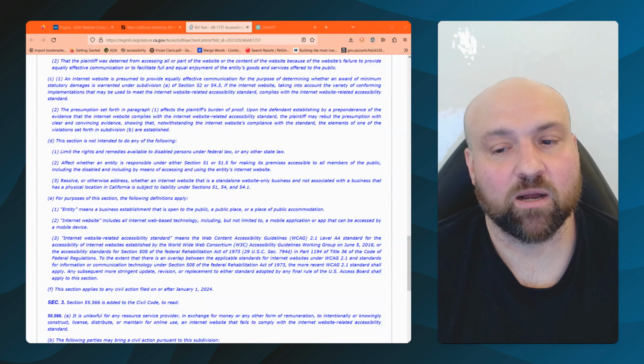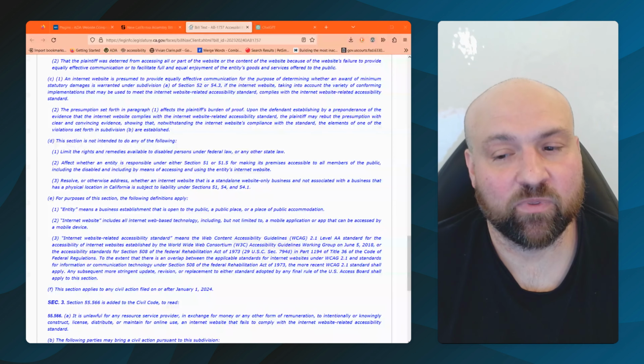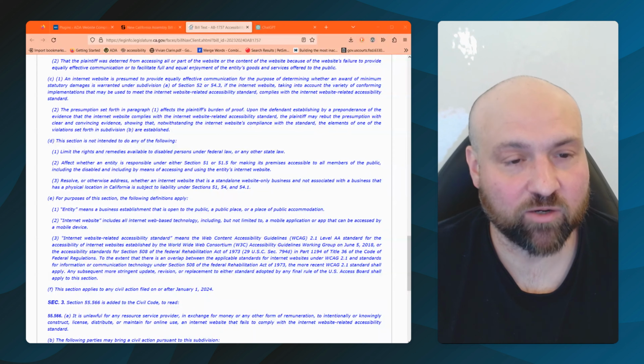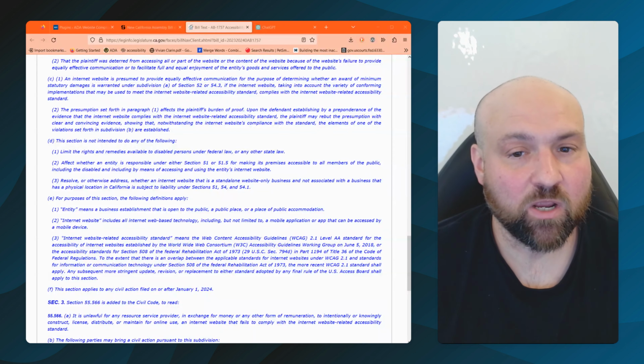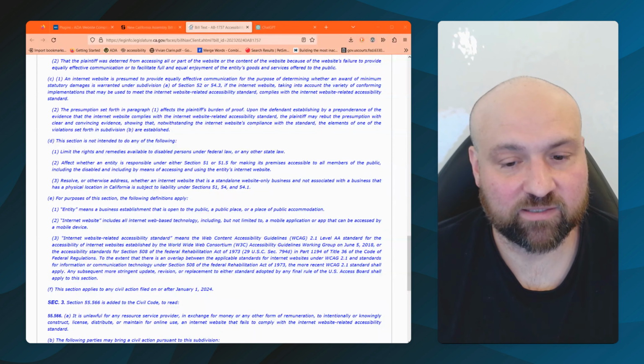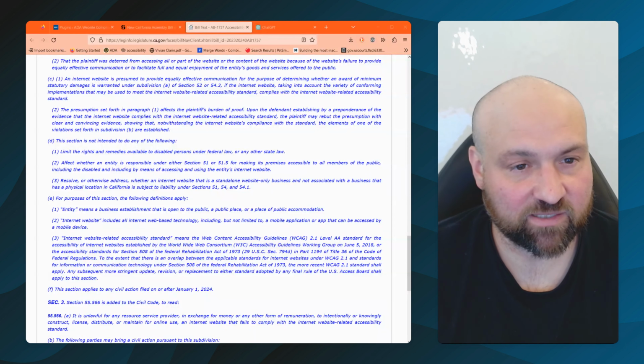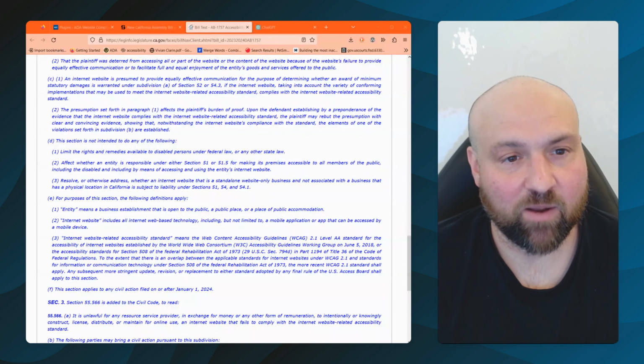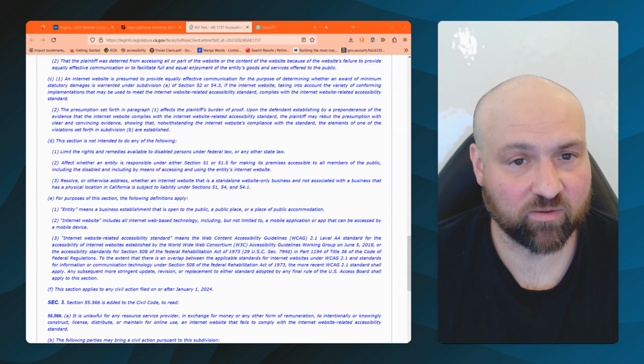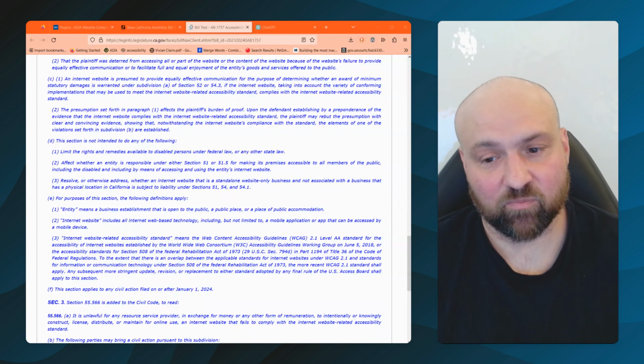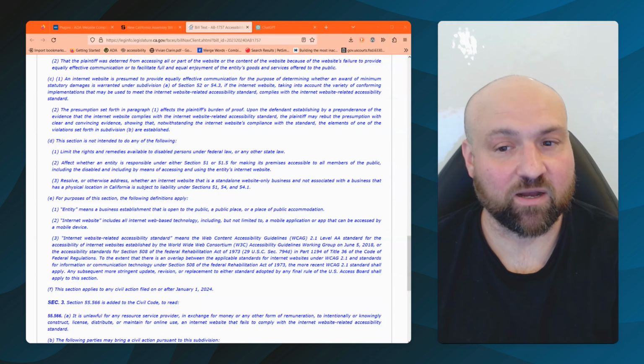Nothing changes, but now this is more concrete, because whereas before we were working with this ambiguous flexibility that the DOJ at one point has stated that these entities have, the places of public accommodation have.